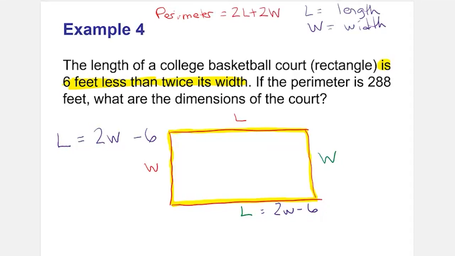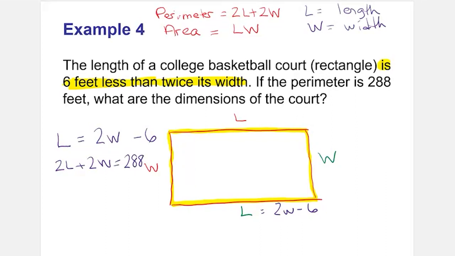In case it said area, area is always equal to length times width for a rectangle. Here we only really worry about the perimeter, but that gives me another equation, because it tells me that 2L plus 2W is equal to 288.